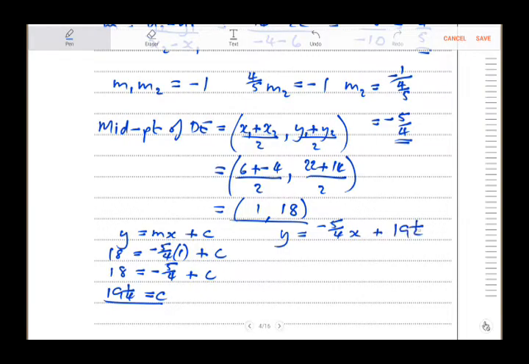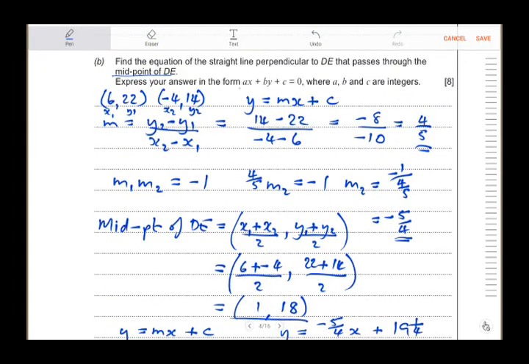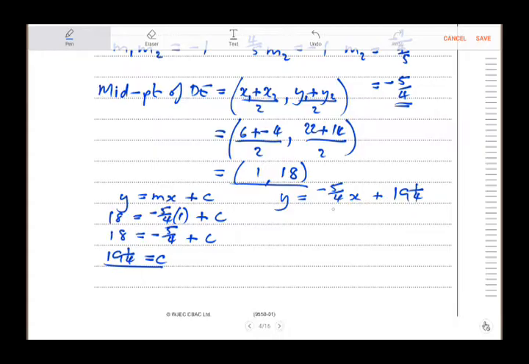But we haven't finished, because they want us to write our answer in the form ax + by + c = 0. So I've got to do a bit of clever rearranging. I'm going to move the x term and the constant term over to the other side with y. So I'm going to add 5/4 x to both sides, and take away 19 1/4 from both sides, leaving 0 on this side.